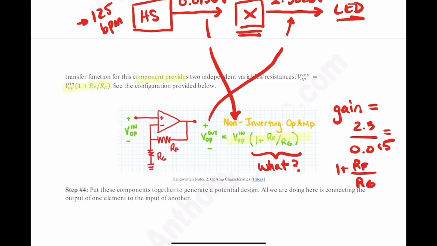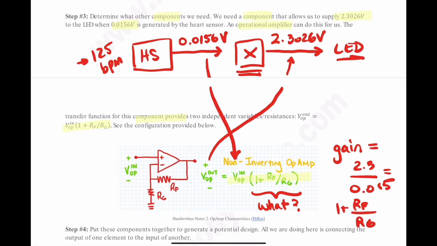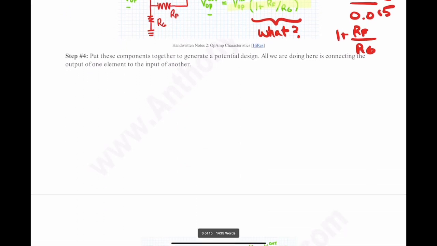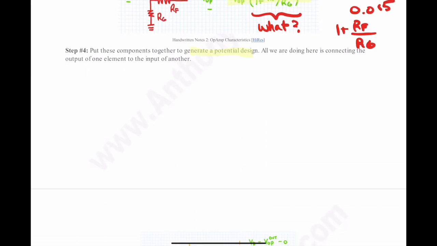Because if you remember, that's the constraint we placed on the hardware above. So now we know that there's three components that are needed. I'm going to replace this X, I'm going to put here op amp, and with the gain that's already been determined. So let's put these components together to generate our potential design.